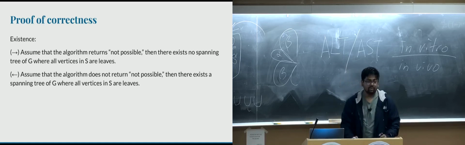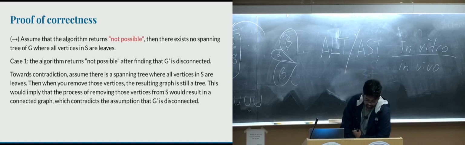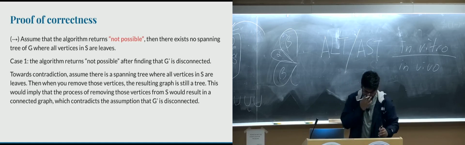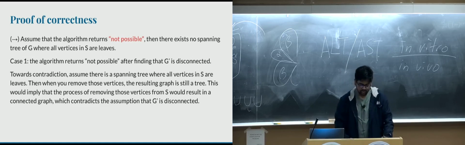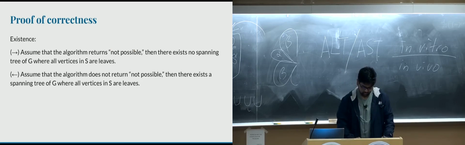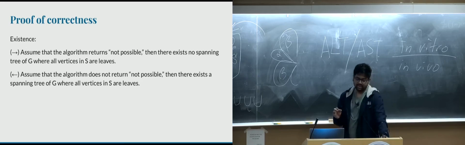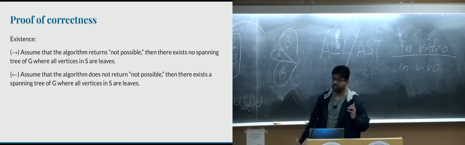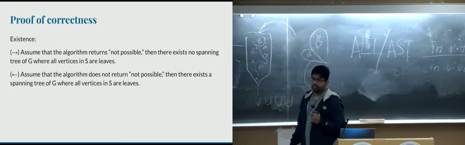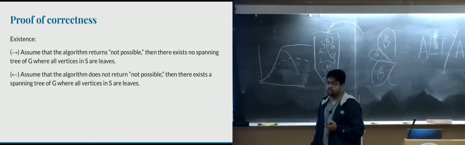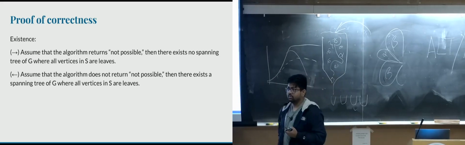So let's see how we'll prove the forward direction. The first thing is we are saying it returns not possible. So when is it the case that we are returning not possible? Yeah.